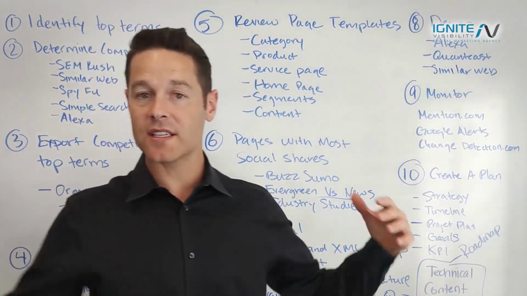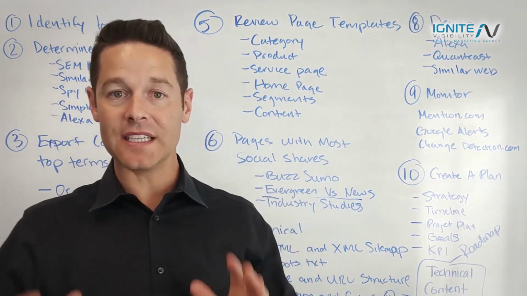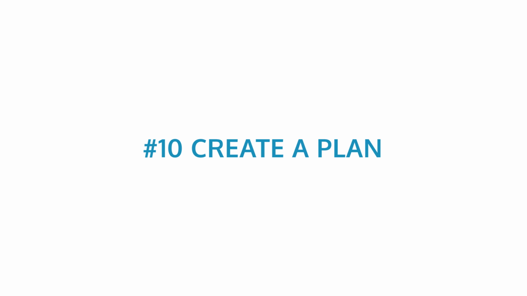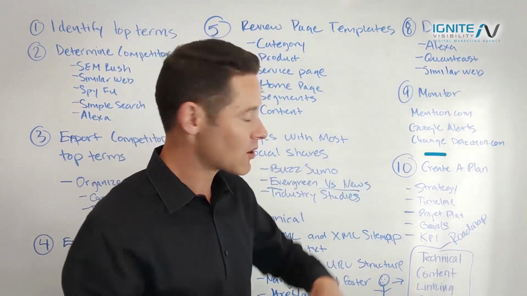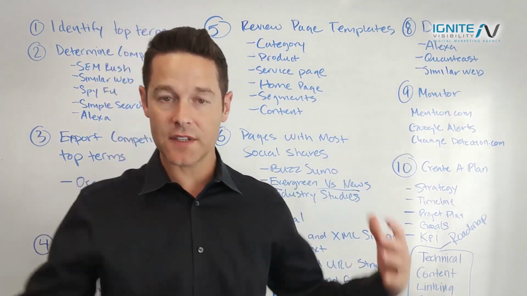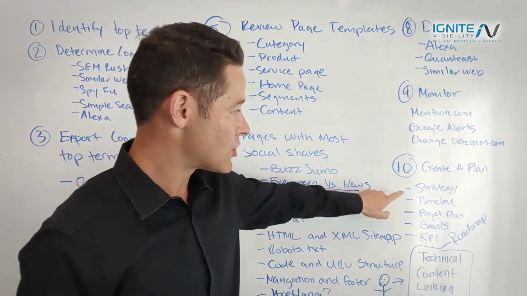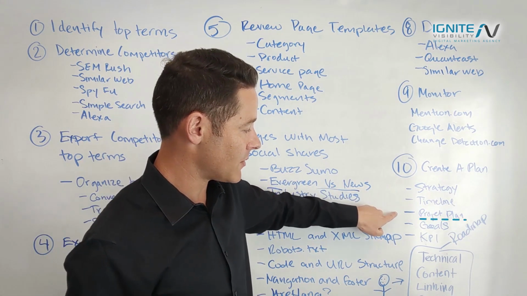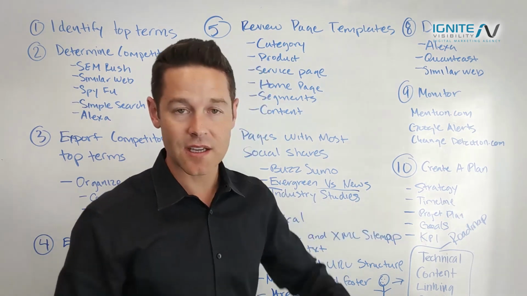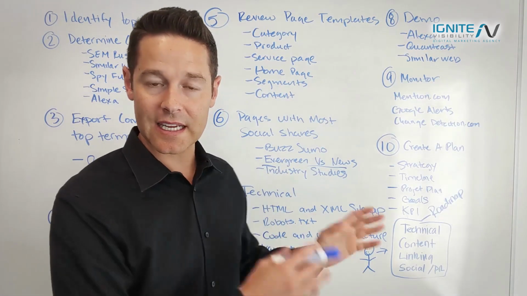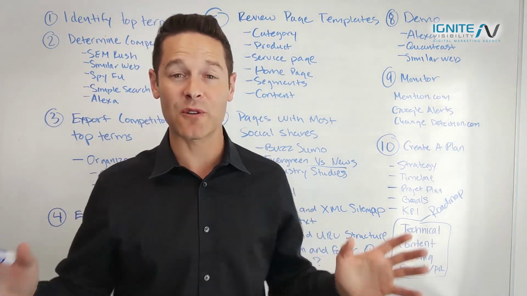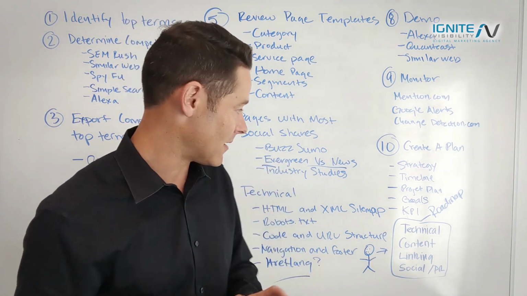Okay, so all of this, items 1 through 9, all lead to number 10 in this very short video on competitive analysis. Well, create a plan. With all of this, you need to take it and put it into this format. This is exactly how you do it. Strategy, timeline, project plan, goals, KPIs. By taking all this and laying it out in this format, you're going to create the perfect SEO roadmap for your company.